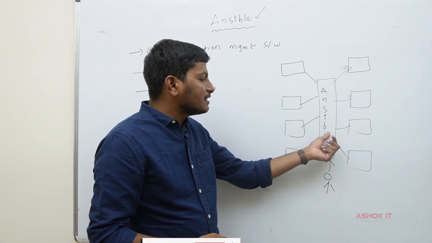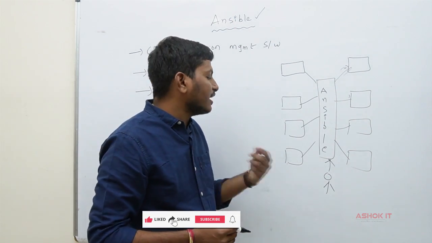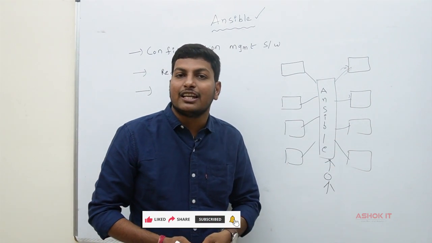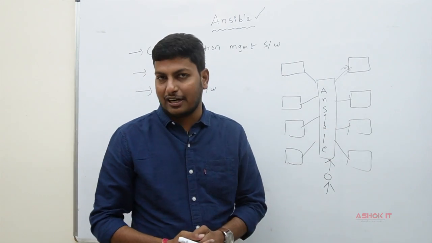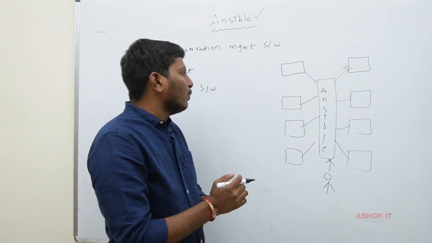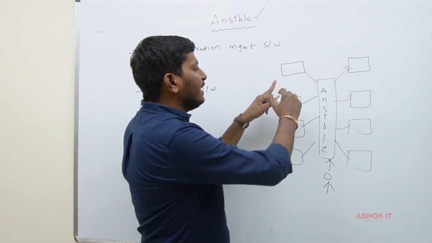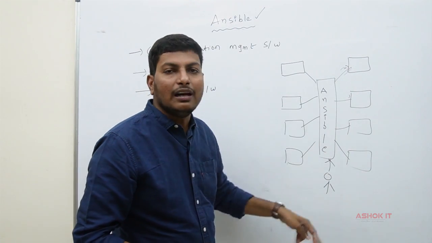But here Ansible is going to install the software in all the machines based on the instructions that we are providing. When we do that by using Ansible, there is no chance of doing the mistakes because this is a proven solution already. I hope you understand what is configuration management. Configuration management means managing the configurations required for our application in several machines.